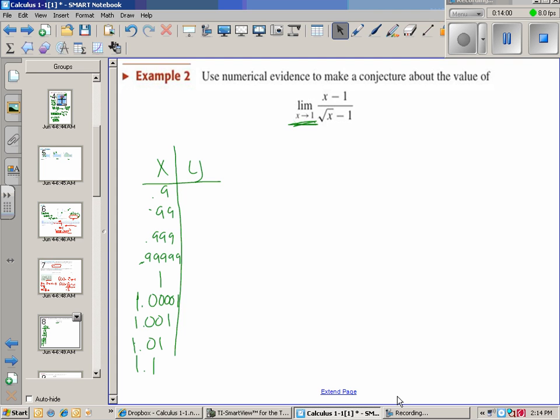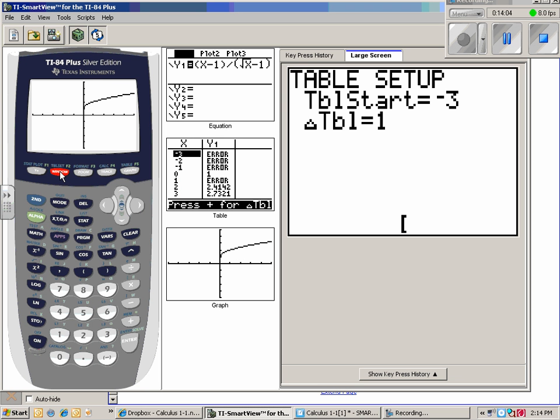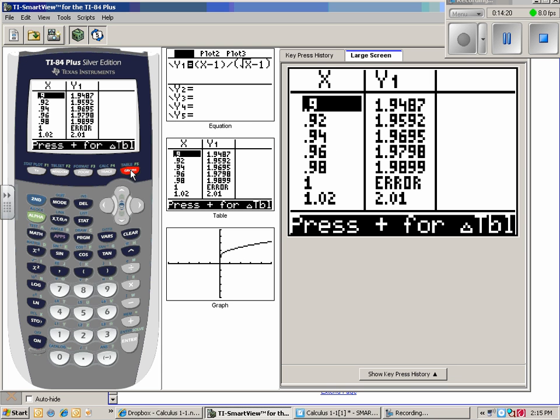When we go back to our graphing calculator, we want to make sure we change our table. Let's have our table start at 0.9, and then go up by 0.02. That'll give us a fairly good look. Then let's take a look at the table.